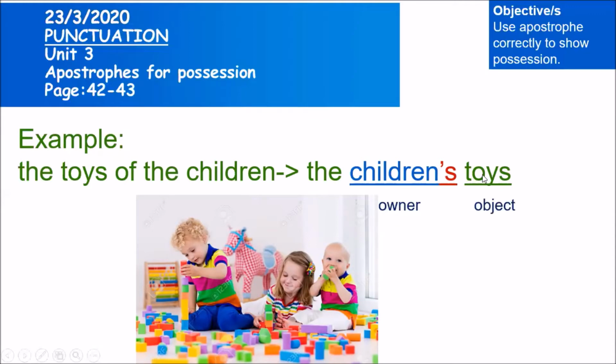Again, remember to start with the owner. In this case, the owners are the children. So since the word children does not end in S, we write apostrophe S. And then followed by the object they own. So in this case, the children own toys. So we write the children's toys.